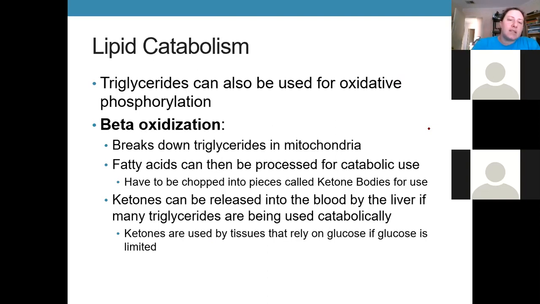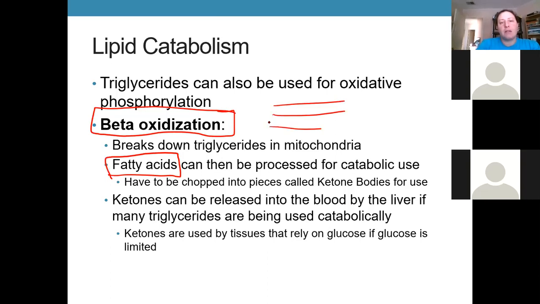The specific processes that we put triglycerides through are called beta oxidation. This is where we break them down and process the fatty acids, because a triglyceride is just 3 fatty acids strung together. They get chopped up into tiny little bits. We call those bits ketone bodies.